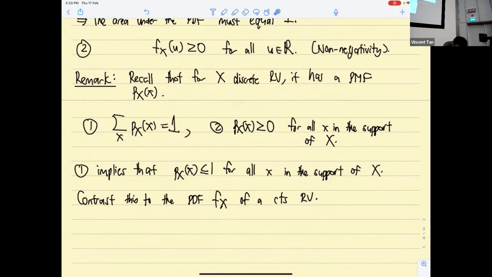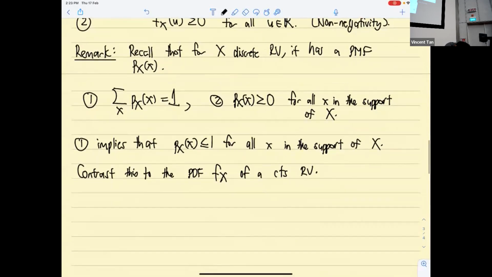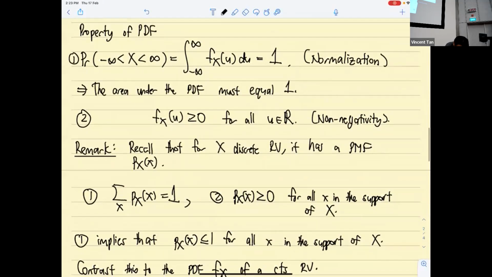Now, let's contrast this to the PDF of a continuous random variable. The fact of the matter is that f_X(x) can be larger than 1 for some x. It does not have to be less than or equal to 1 for all x. We will see some examples of this later on. All that is needed is that this integral is equal to 1.